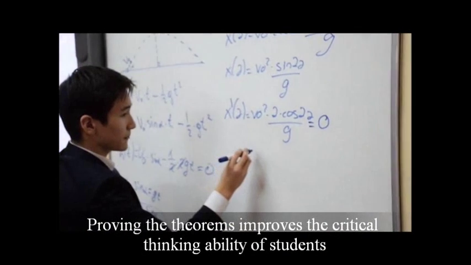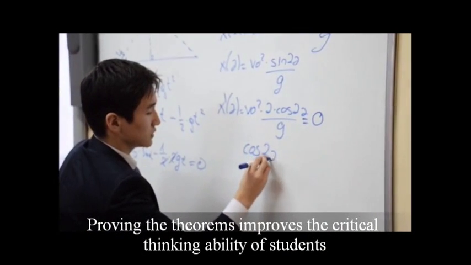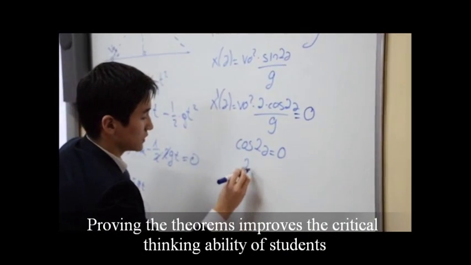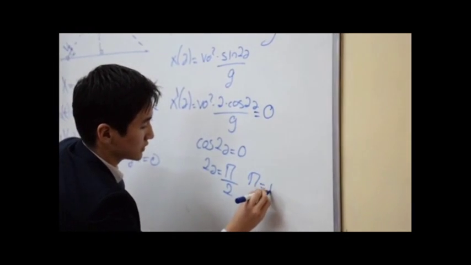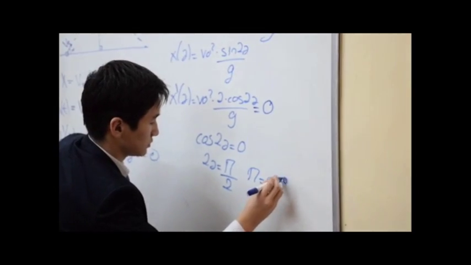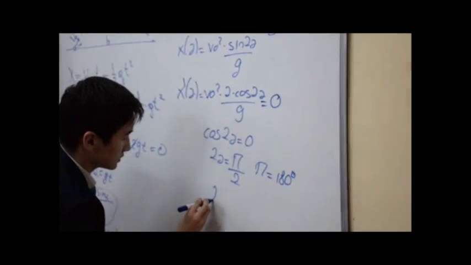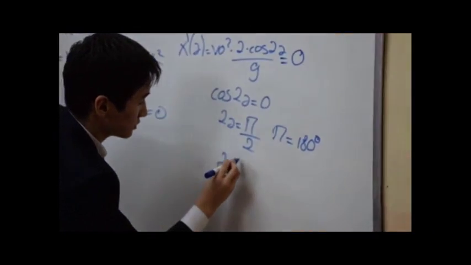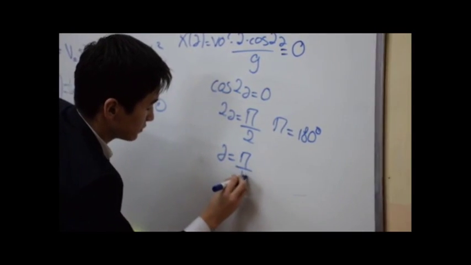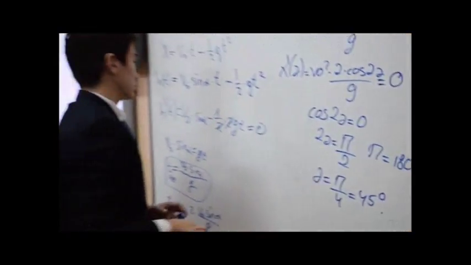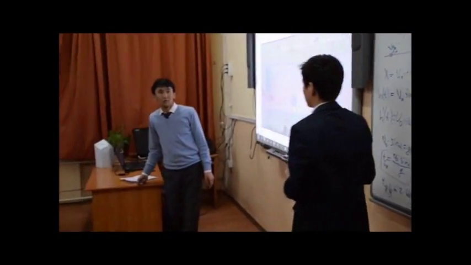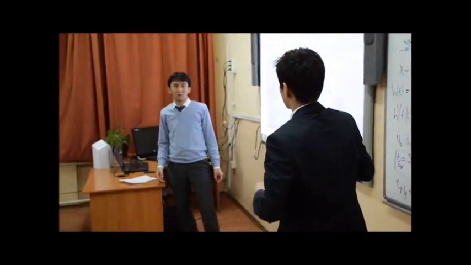So cosine 2 alpha equals 0, and 2 alpha is equal to pi over 2. Pi is equal to 180, so we can replace pi with 180. And alpha is equal to pi over 4, which equals 45 degrees. So at 45 degrees it will reach the maximum.